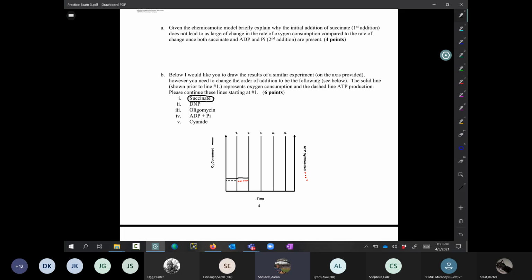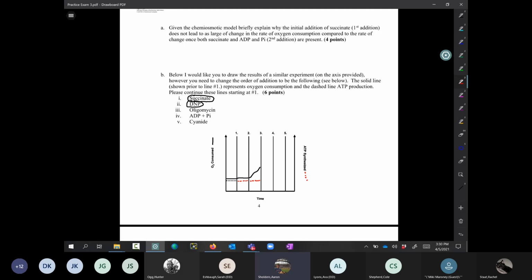Now the next thing, interestingly, is DNP. So you uncouple them right away. And when you uncouple them, what's going to happen is that oxygen is going to start to be consumed, even though ATP synthesis isn't really going to happen, because ADP and inorganic phosphate aren't there. So ATP can't be made, but you can start to consume oxygen.